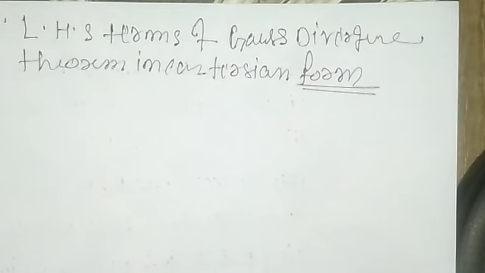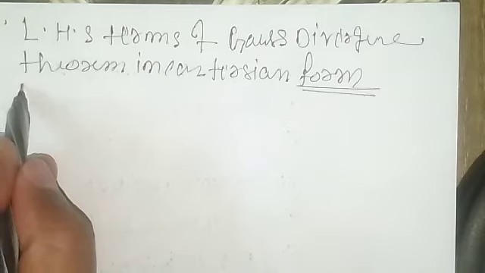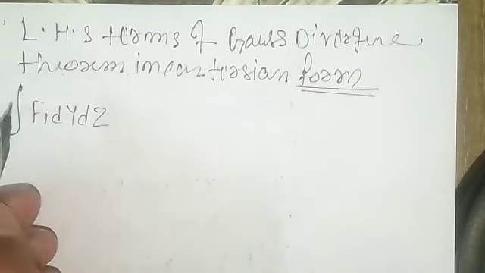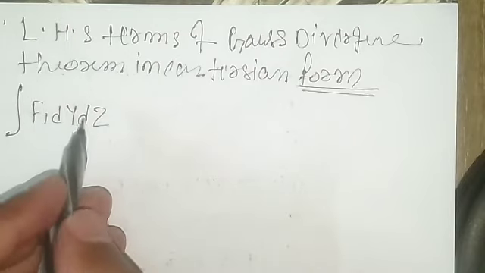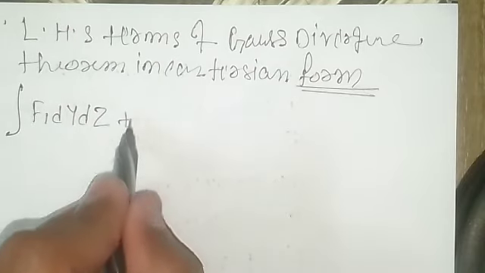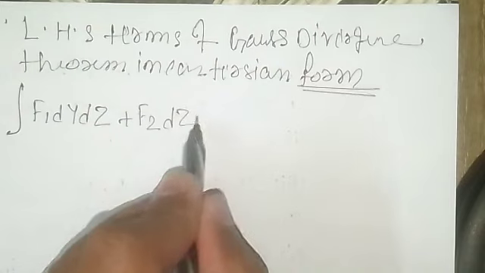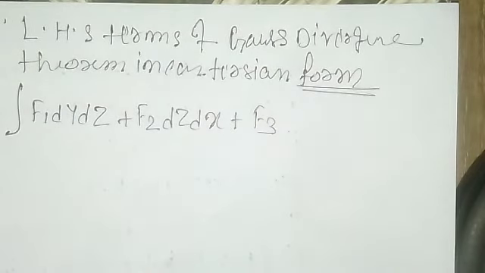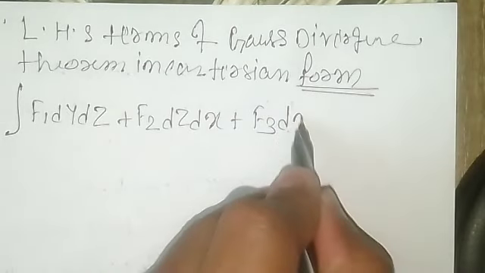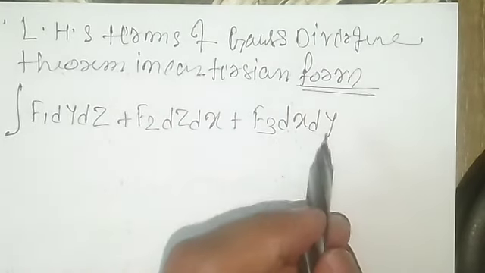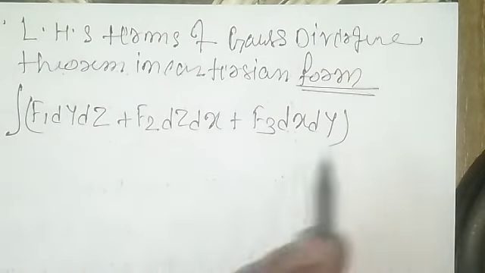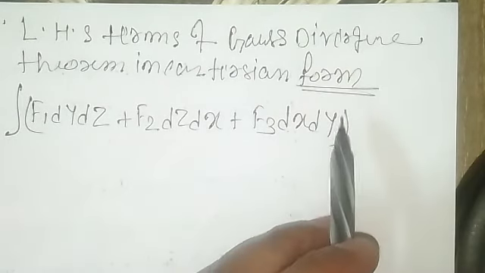So the LHS of this term we can write in the Cartesian form: the integration of F1 dy dz plus F2 dz dx plus F3 dx dy, is it or not? In the Cartesian form we have written. So this is your Cartesian form of F dot n dS.